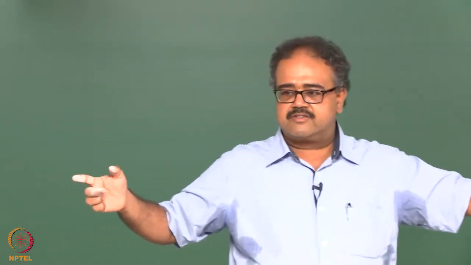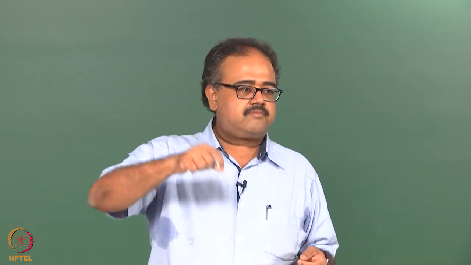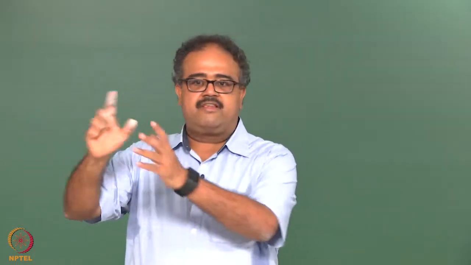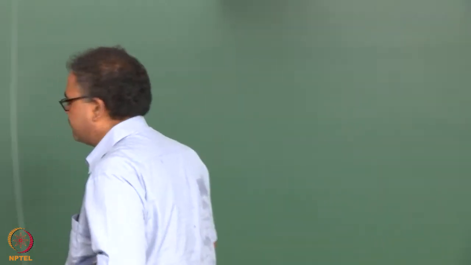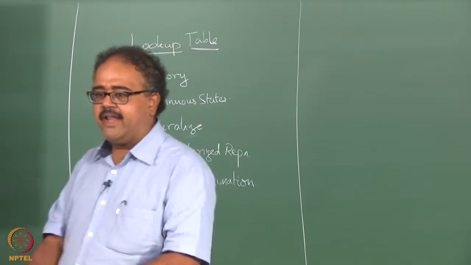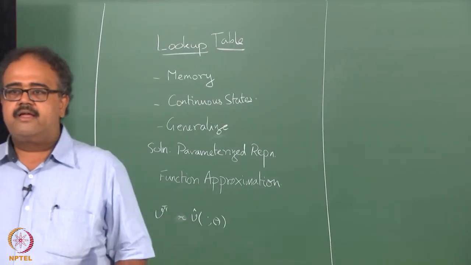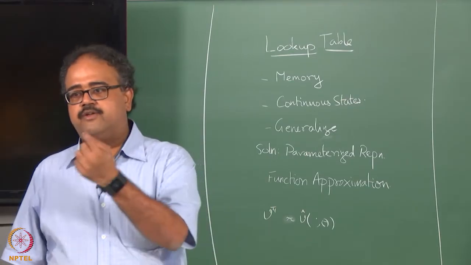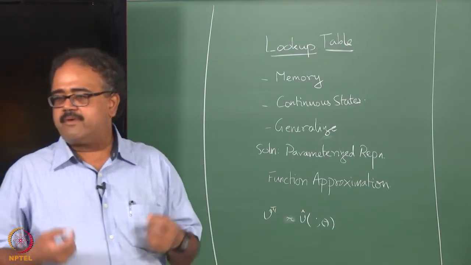There could be a vector of features. Let us say that my state is represented by some vector phi. So, phi 1 of S will be the x coordinate, phi 2 of S will be the y coordinate, and so on and so forth, and my value of a state will be phi transpose theta, that is, theta 1 phi 1 plus theta 2 phi 2 plus theta 3 phi 3 and so on and so forth. That will be my value function.